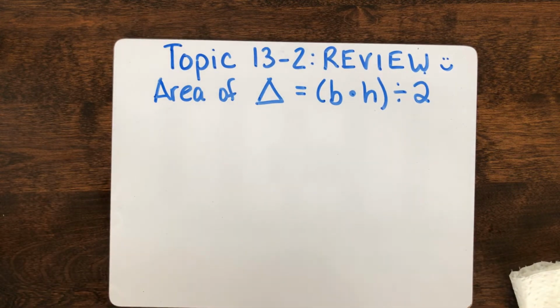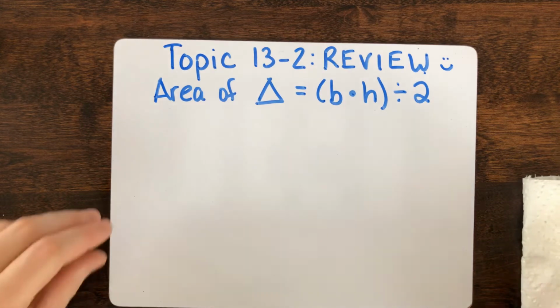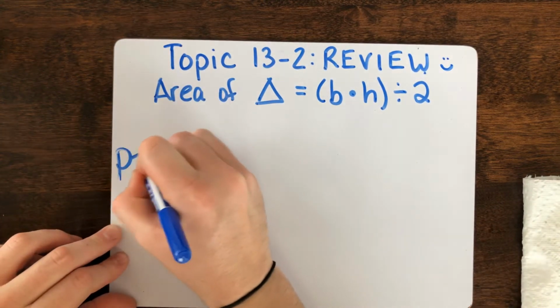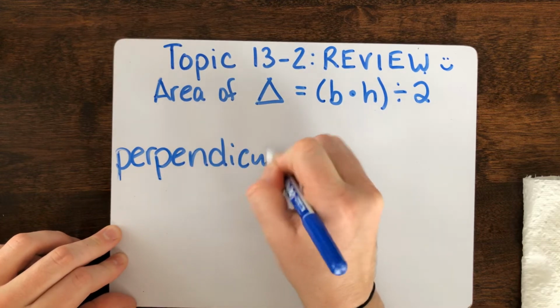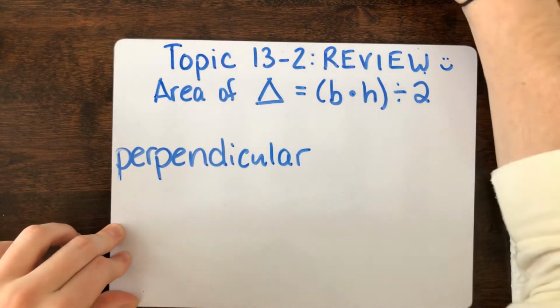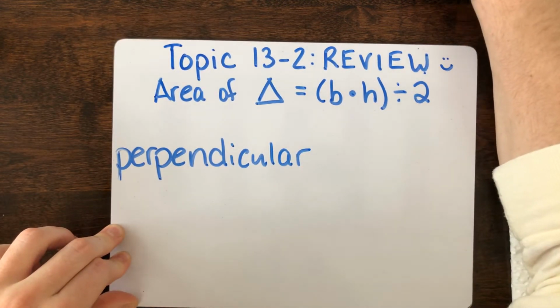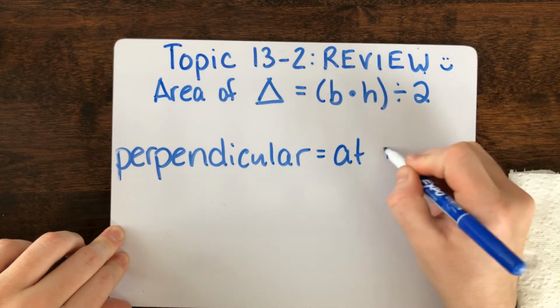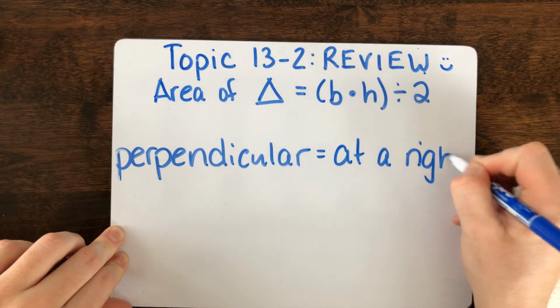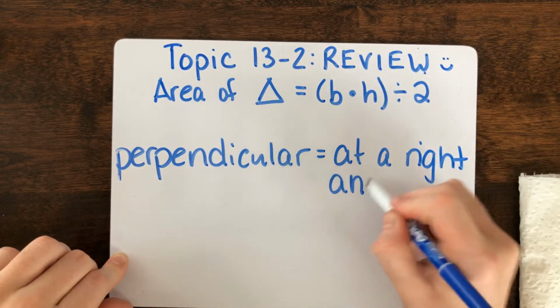Now, one definition I wanted to go over with you guys today is the definition of what it means to be perpendicular. All right. So perpendicular basically means at a right angle.